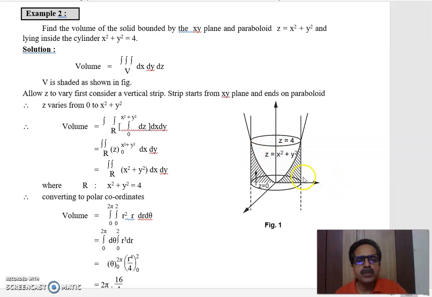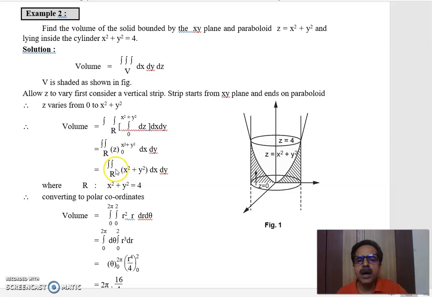We are integrating first with respect to z, so write dz here, and bottom end is on the plane z is 0, so z is 0 forms the lower limit. The top end is on the paraboloid where z is x square plus y square, so the upper limit becomes z is x square plus y square. And integration of dz is z with limit z is 0 to z is x square plus y square.